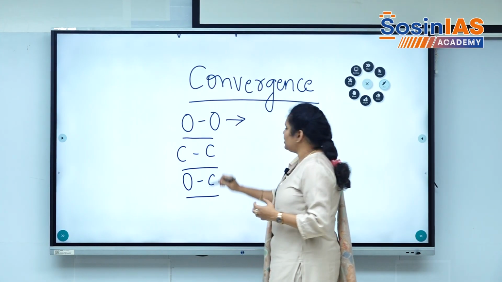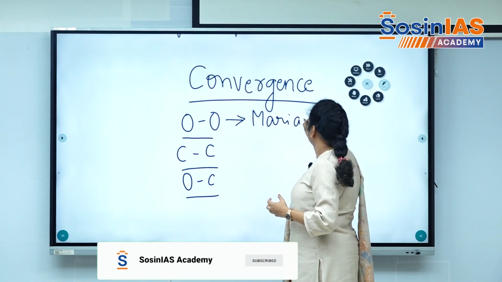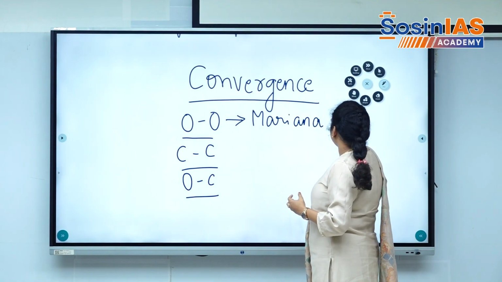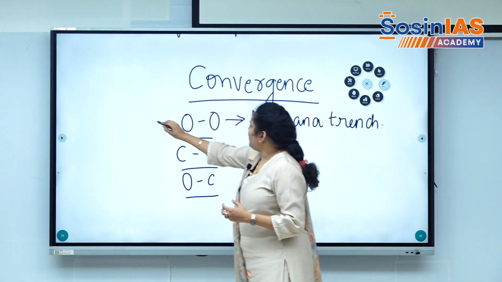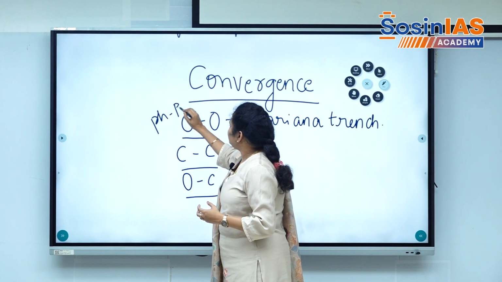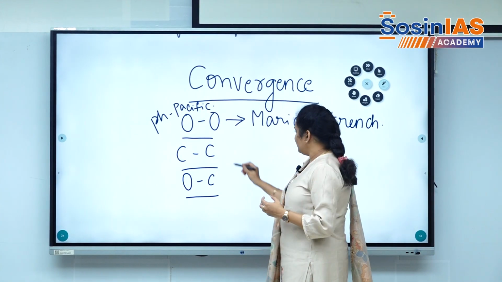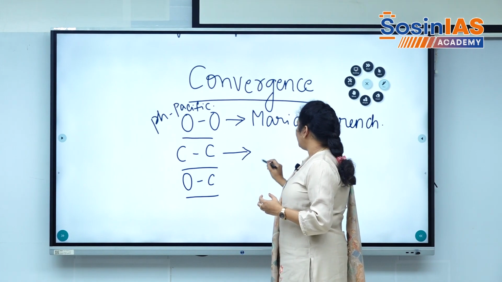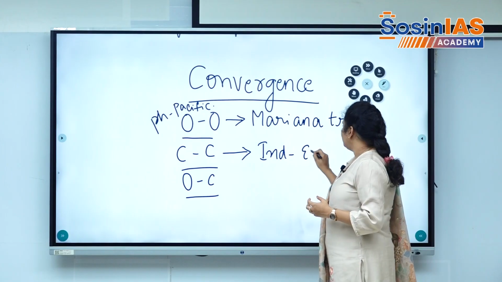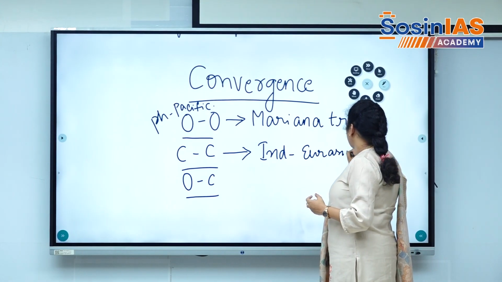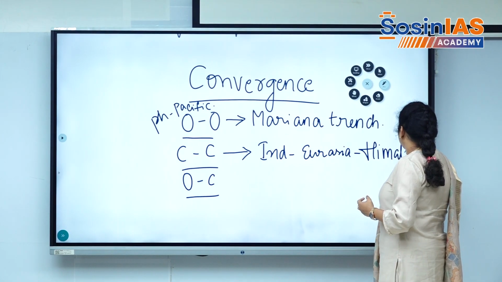For ocean convergence, please remember the Mariana Trench, which is the world's deepest point, formed due to convergence between the Philippine plate and the Pacific plate. And then when it comes to continent convergence, you can simply remember the Indian plate converging with Eurasia, leading to the formation of the Himalayas.